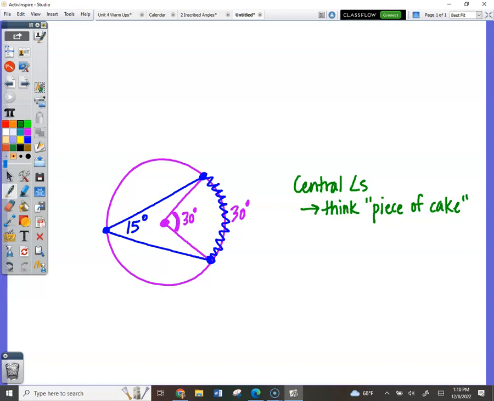So it's a piece of cake. It's easy. If it's an inscribed angle, this is the new part, I want you to think snow day. I'm going somewhere. Listen, here we go. This is where the corny part comes in.